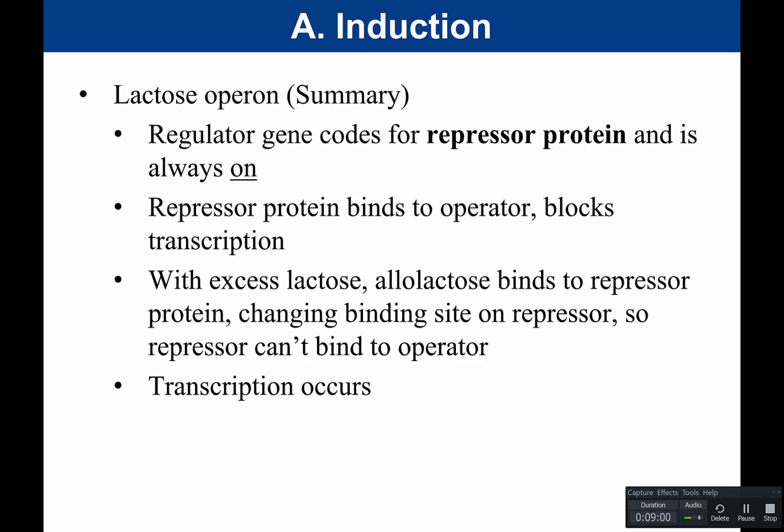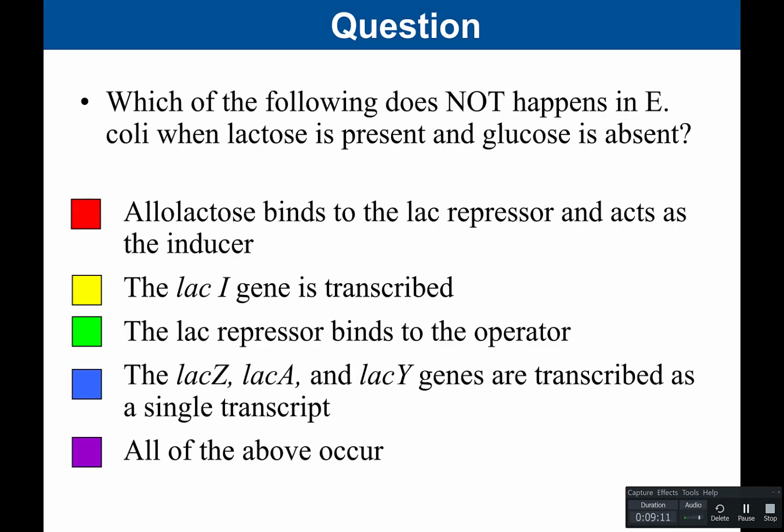Now, when you went through the last question, hopefully you kind of reasoned your way through it. And so what I mean by that is, if lactose is present and glucose is absent, the first thing you want to ask yourself is, in this scenario, is gene expression going to be turned on or off? That's the first thing you want to ask yourself: in this situation, do we want gene expression turned on or off?